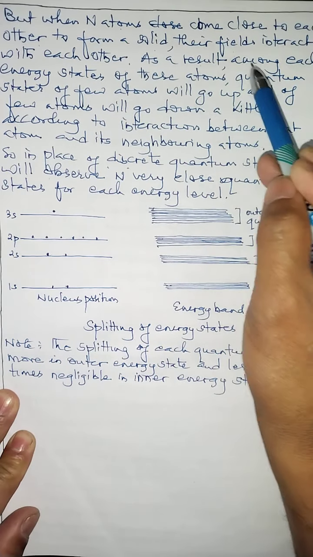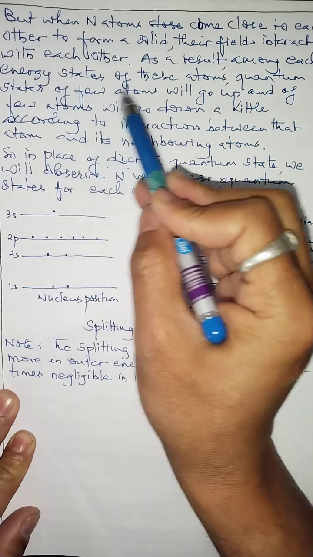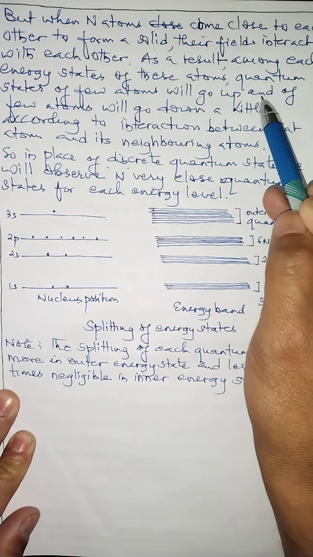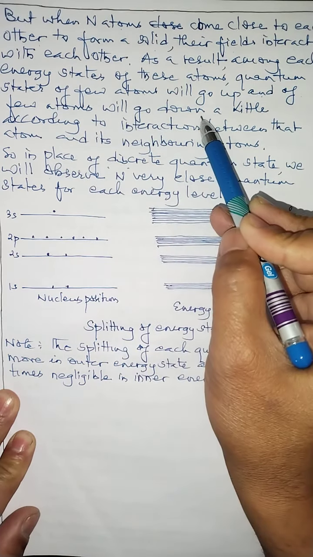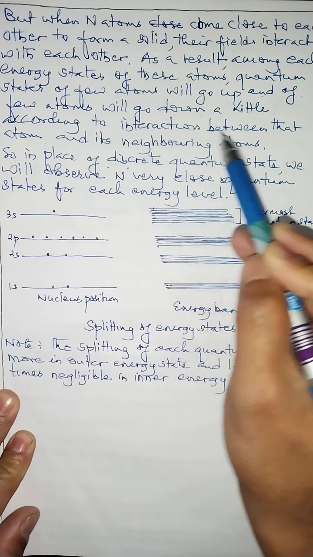As a result, among each energy state of this atom, the quantum state of few atoms will go up and few atoms will go down a little according to the interaction between the atom and its neighboring atoms.